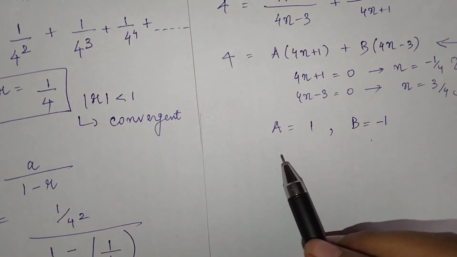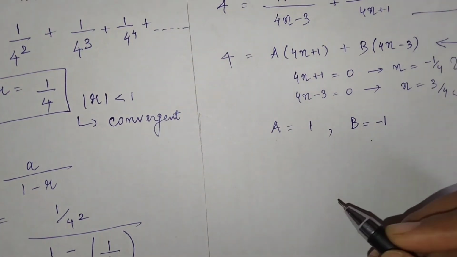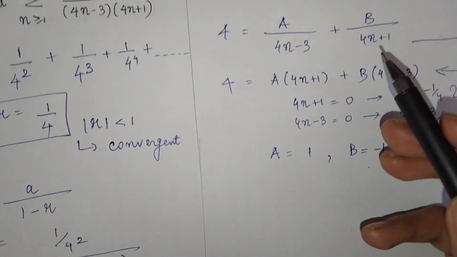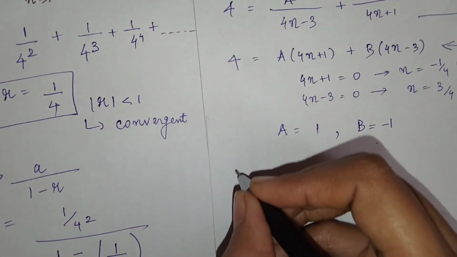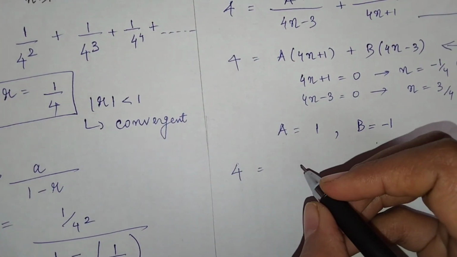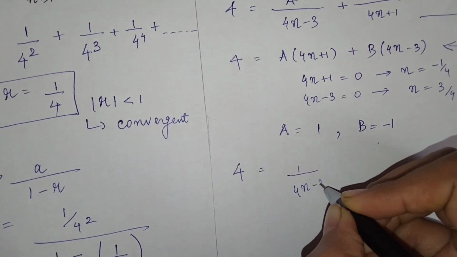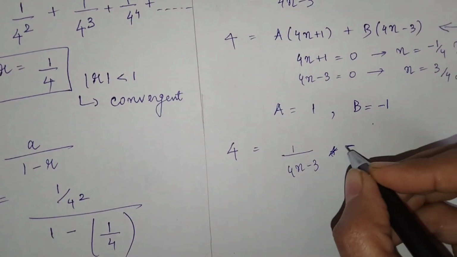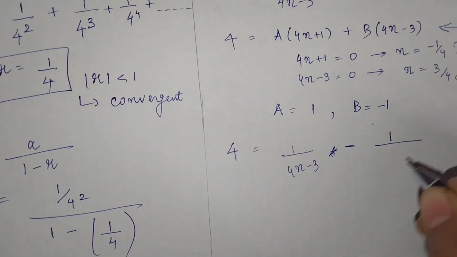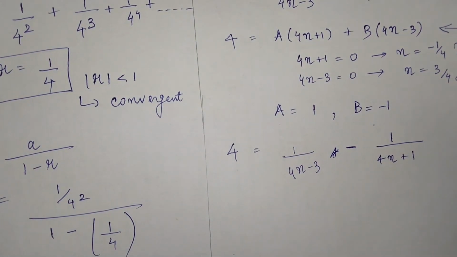Now, with a as 1 and b as minus 1, we get 4 upon (4n minus 3)(4n plus 1) equal to 1 upon 4n minus 3 minus 1 upon 4n plus 1.